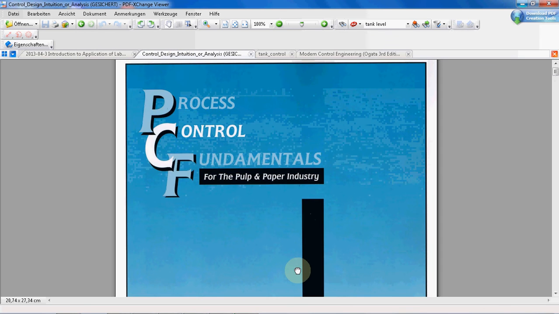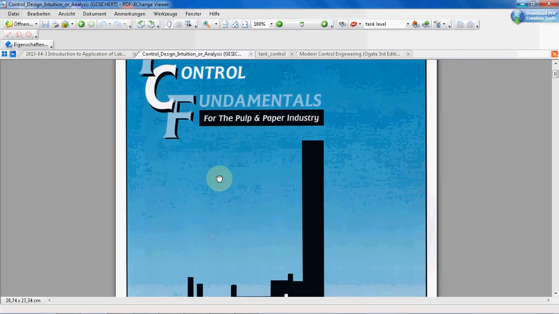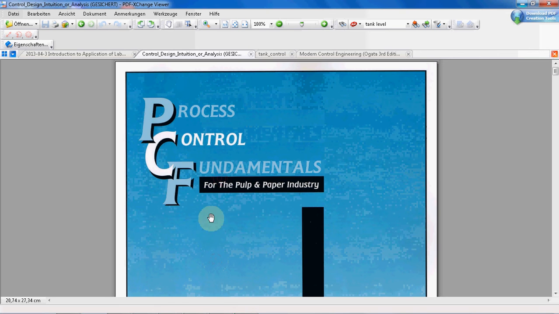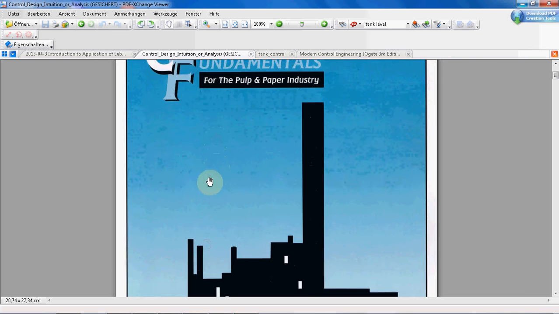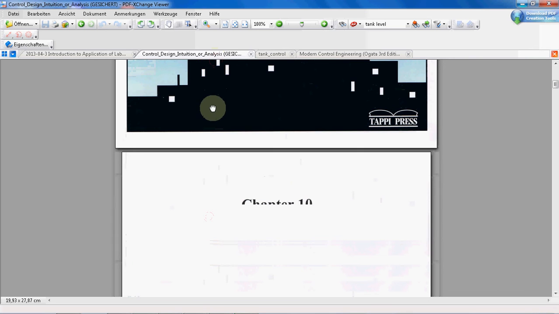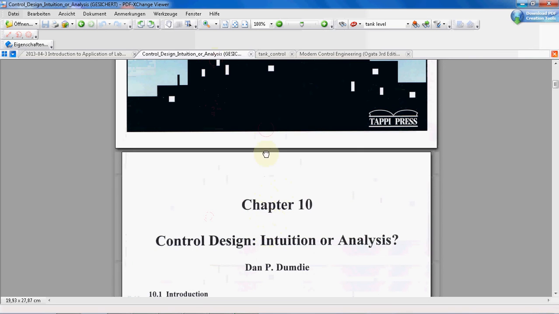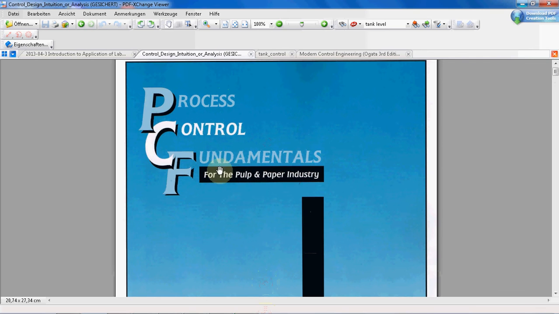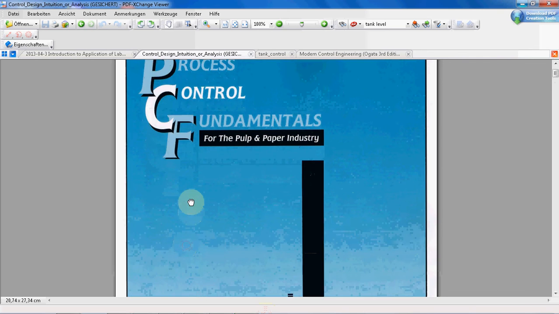First, if you are a student of paper technology, you'd better read this book, or at least this chapter. Actually, this is chapter 10 of this book, Process Control Fundamentals for the Pulp and Paper Industry.